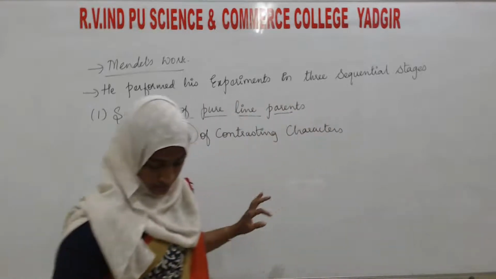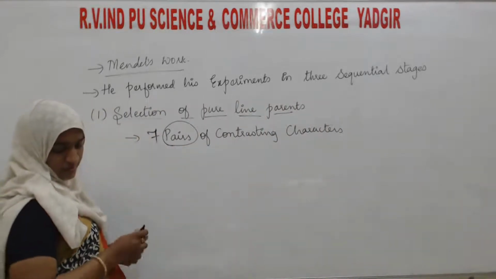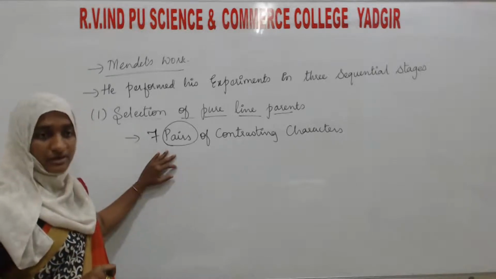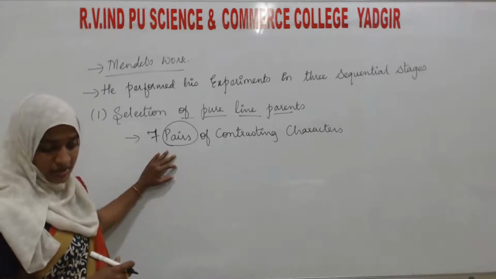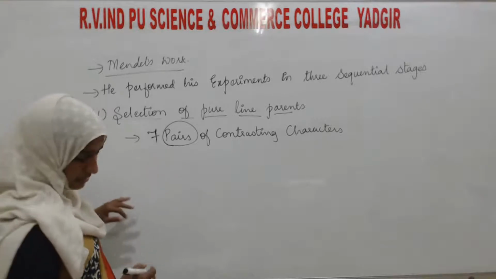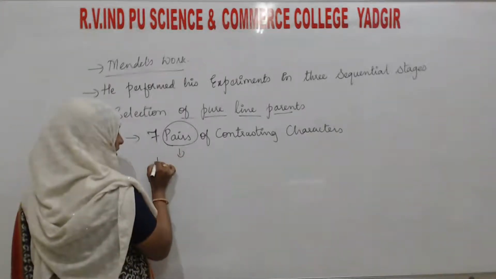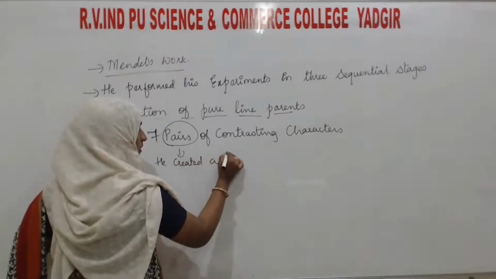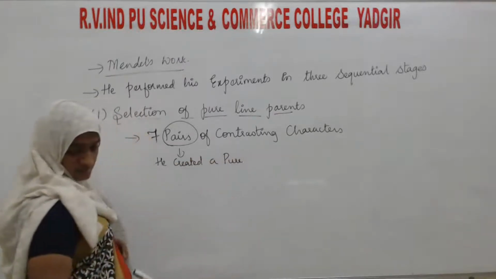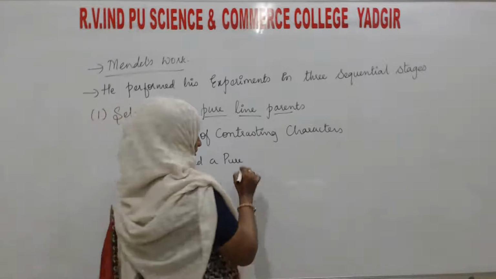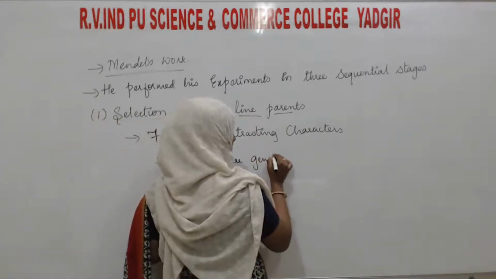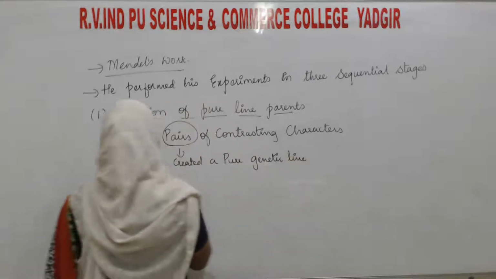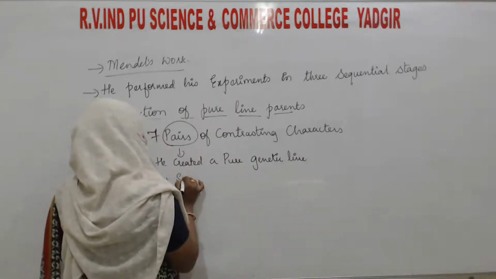Next point. After taking the 7 pairs of contrasting characters for his experiment, the next thing he did was he created a pure genetic line by self-pollinating.